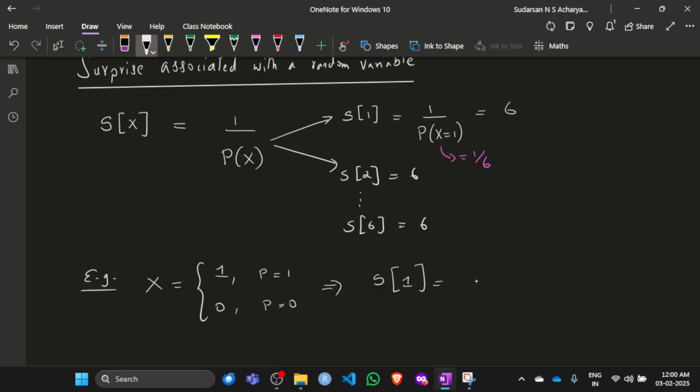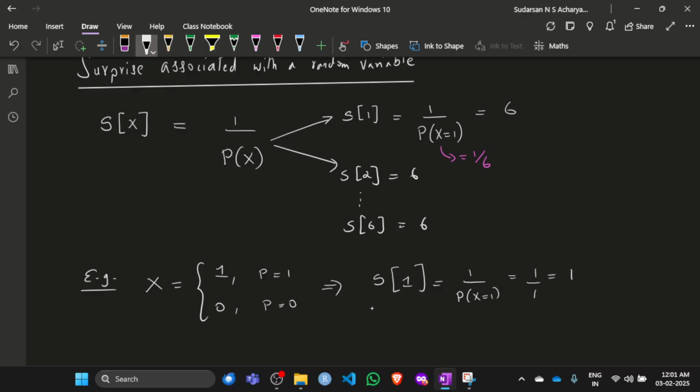Are we surprised? Well, if we define surprise as the inverse of the probability, this is the probability that x is equal to 1, we get surprise is equal to 1. Well, we want surprise to be equal to 0, right? I mean, if this is a coin that always shows up heads, then the surprise associated with the coin showing up heads should be equal to 0.